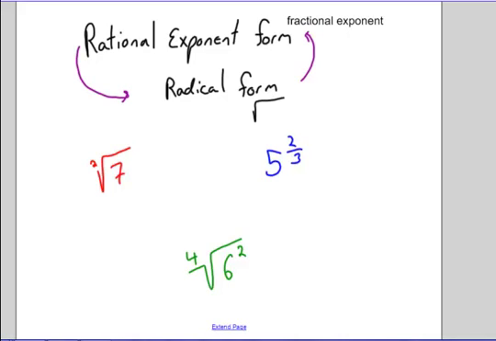So this is the square root of 7. So this is in radical form. If I want to put this in rational exponent form, if I want to write this as a fraction, that's the same thing as writing 7 to the 1/2 power.